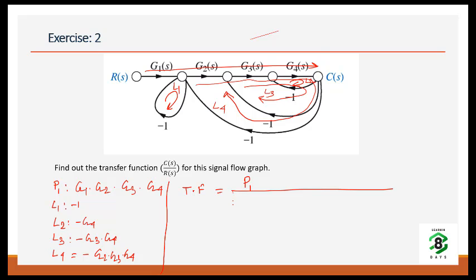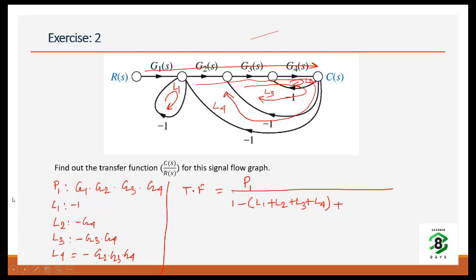The denominator will be 1 minus (L1 plus L2 plus L3 plus L4), the sum of all loop gains, plus we have to take the combinations of two non-touching loops.